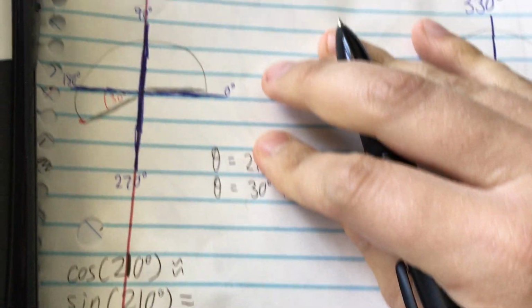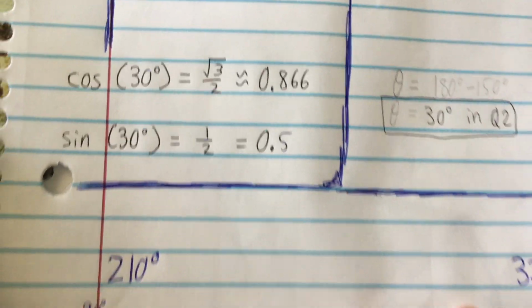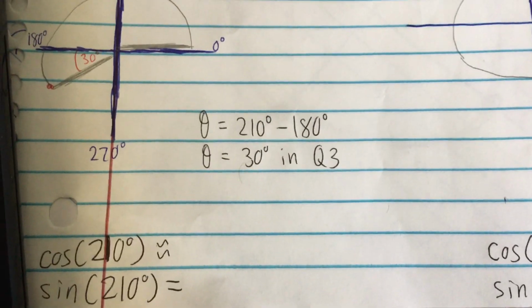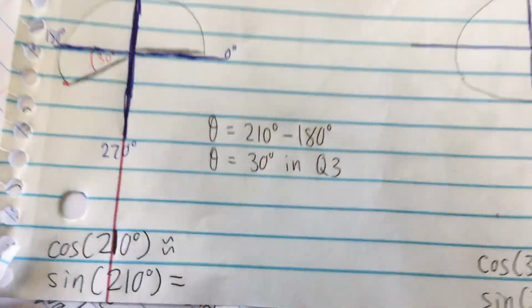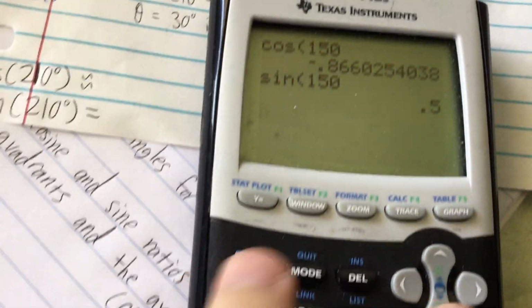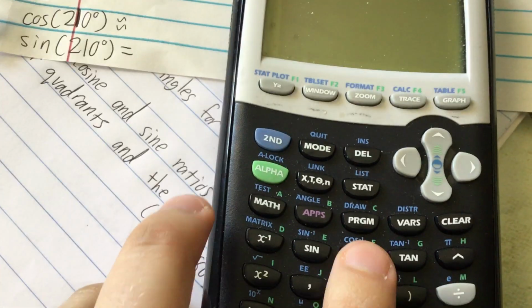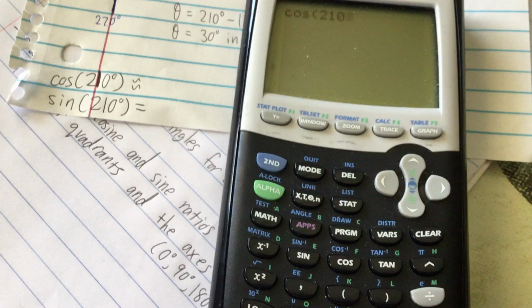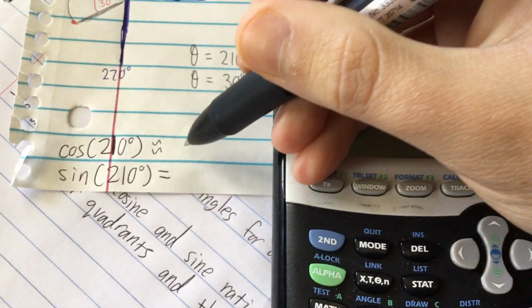Now, I'm going to compare the cosine and sine of 30 degrees with my cosine and sine of 210. So I'm going to get my calculator out. Clear, clear, clear. So the cosine of 210 is negative 0.866.